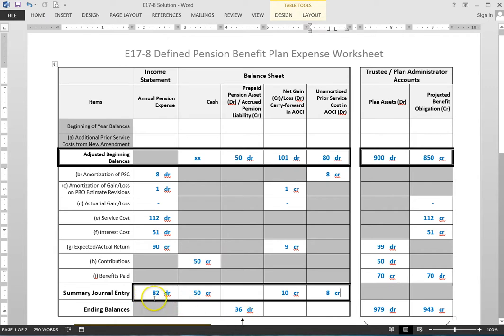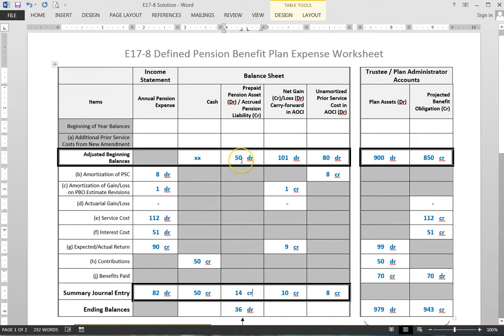So you can see here I've got 82,000 in debits so far, and 50, 10, and 8 in credits. In order to end up with $82,000 in debits and $82,000 in credits, I need a $14,000 credit entry. That will get this line, this summary journal entry, to work.